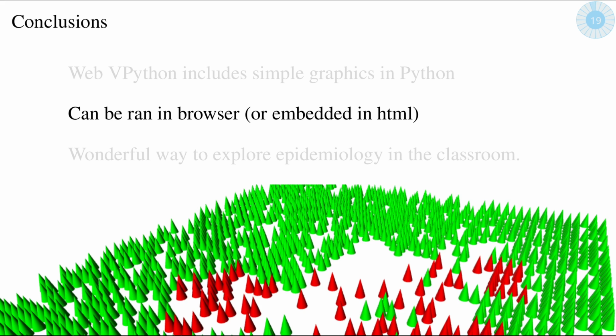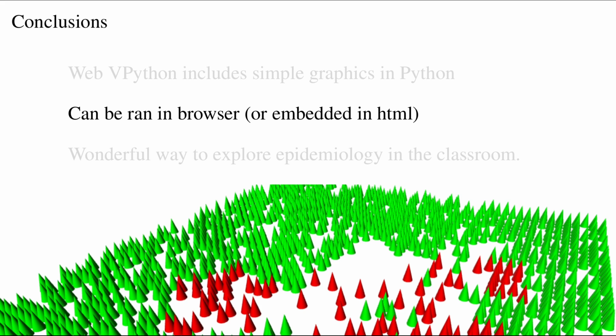The other thing I really like about it is that it can be run in a browser, so students can run this on their own laptops, on their own computers. They don't need to download or install anything. All they do is open up a browser and go to the website, and everything runs within that website.